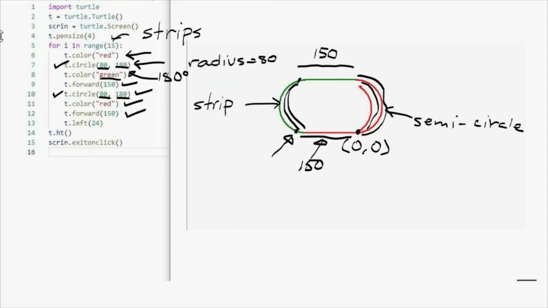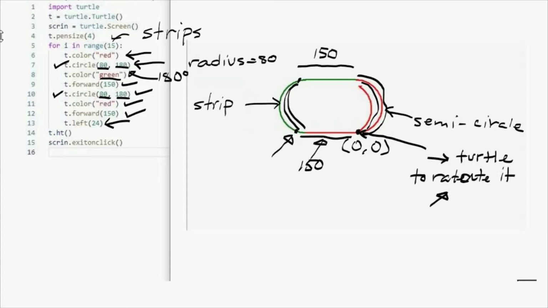And then we draw the second strip. Before drawing the second strip, look at this line number 13. We have to rotate our turtle 24 degrees. So that means at this point here, where the turtle is like this, we have to rotate it so that it becomes like this one here.